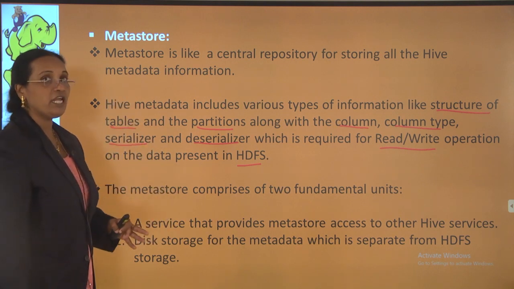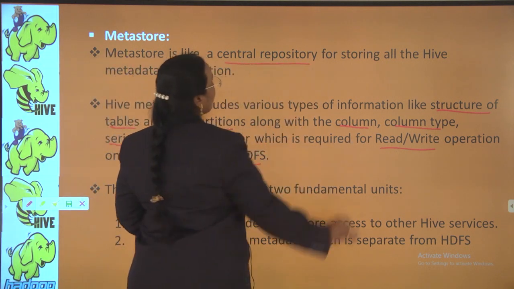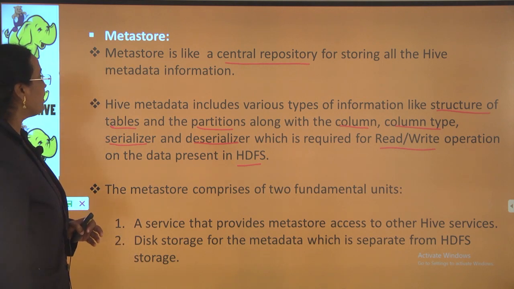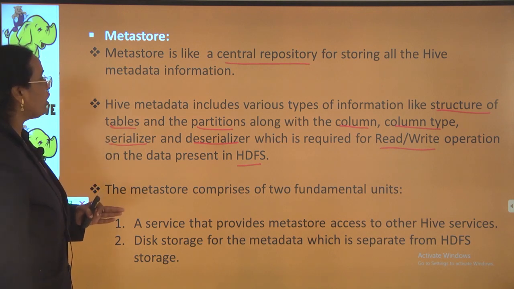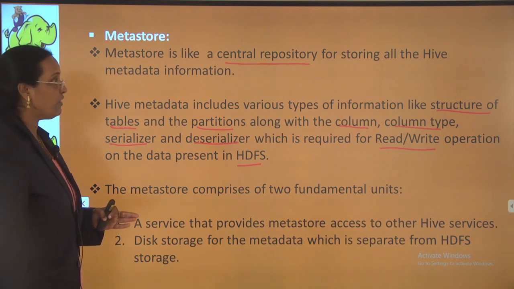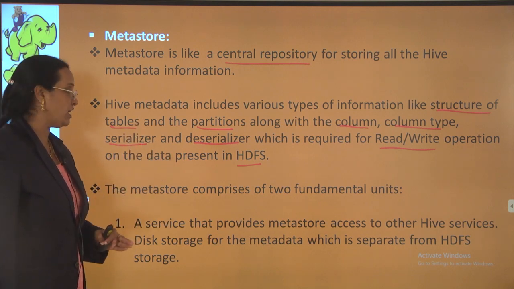So, I repeat it again: the Metastore is very important as it is a central repository for storing all the Hive metadata information, and Hive metadata includes various types of information such as structure of tables, partitions along with the columns, column types, serializers and deserializers, which are required for reading and writing operations on the data present on the HDFS.